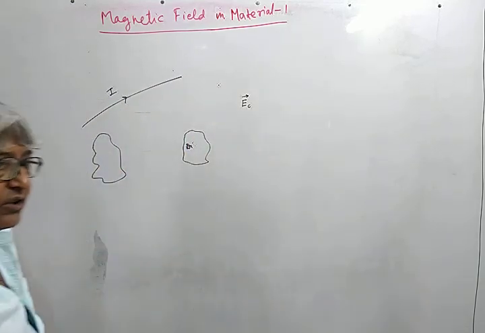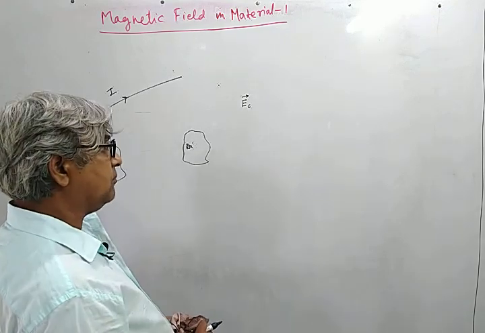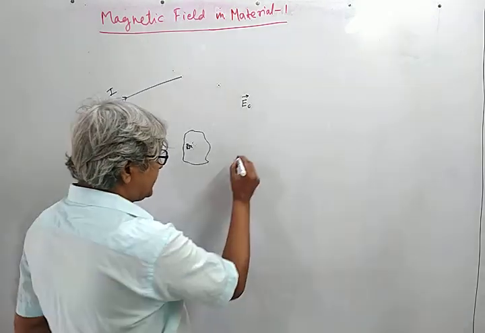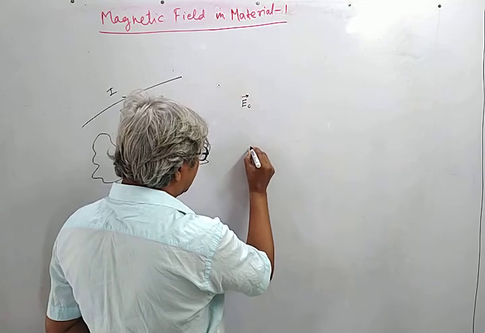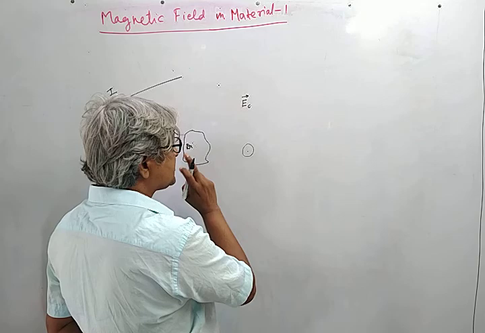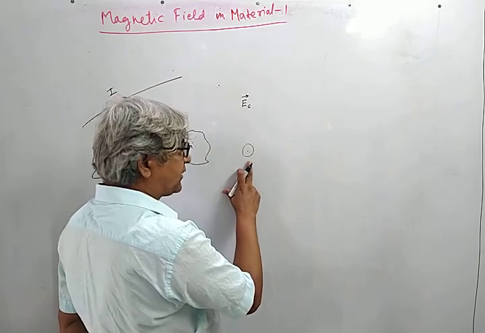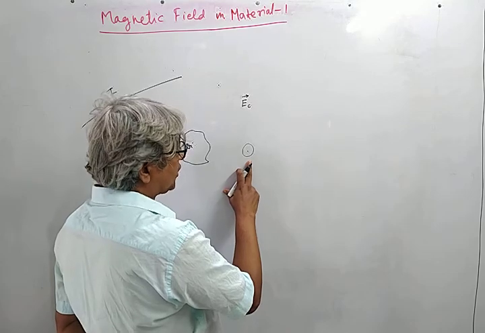What is polarization? If the atoms or molecules of the dielectric are such that the center of positive charge and the center of negative charge were coincident, then the atom or molecule would have no dipole moment.